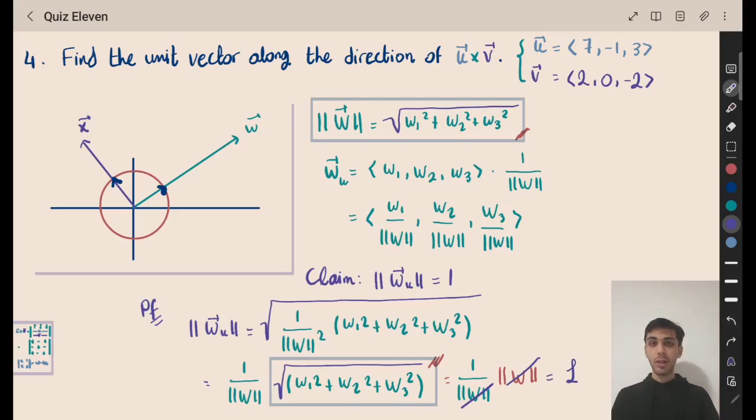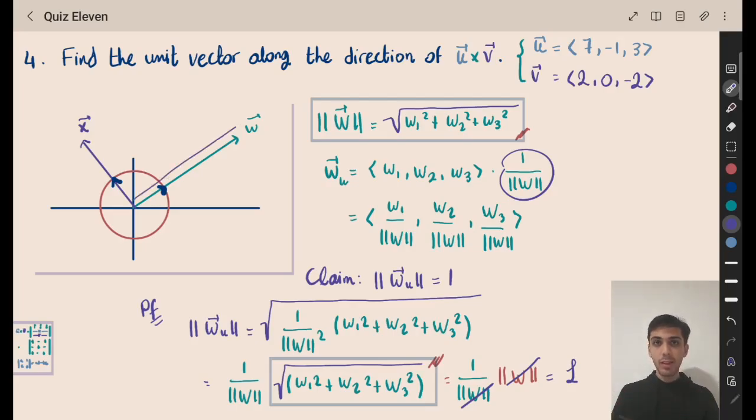So this is very strong. It turns out that if we have a vector, let's say like W, and we would like to find the unit vector, then we just divide. We just divide by its norm. Well, this makes sense. So the vector has some length.